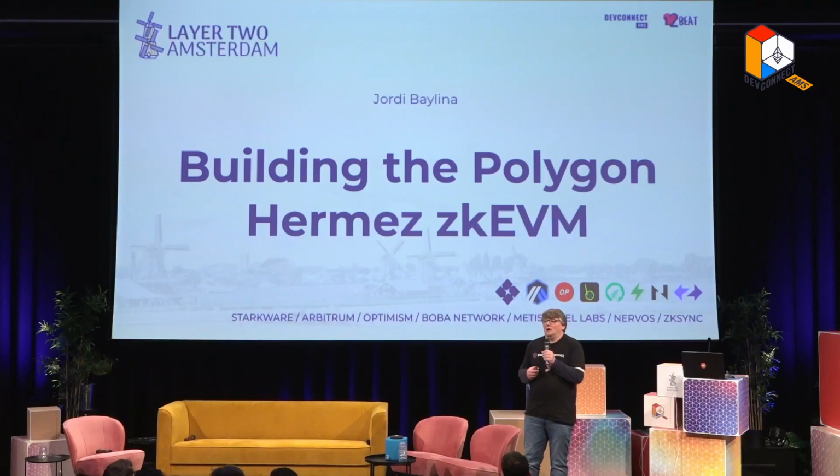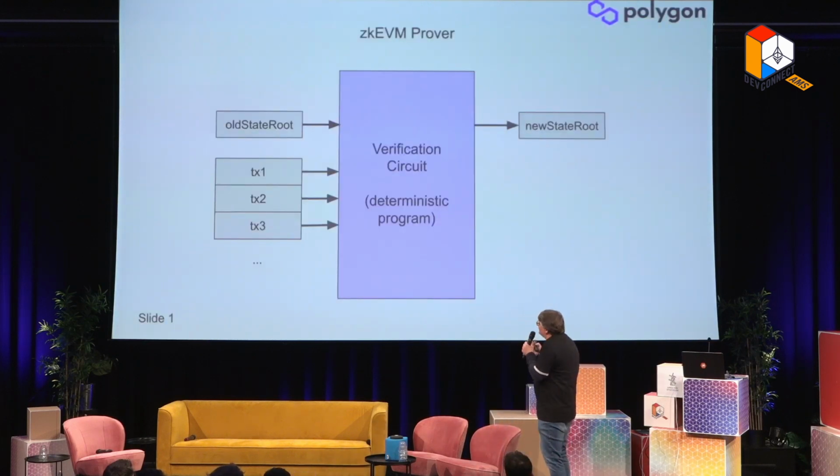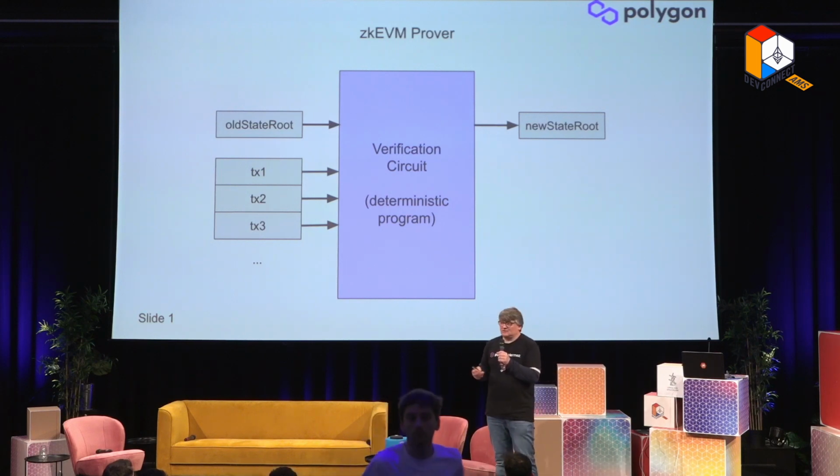It's a zk rollup, so we are building a proof that is processing transactions. What does that mean? That means that we are taking a state, in this case a state root. We have transactions. These transactions are Ethereum transactions, normal transactions generated by MetaMask, for example, generated by a normal wallet, standard transactions.